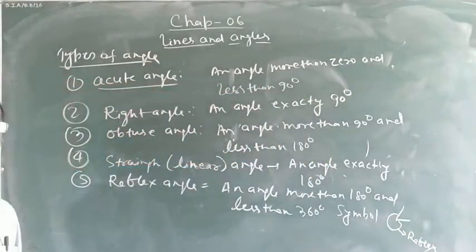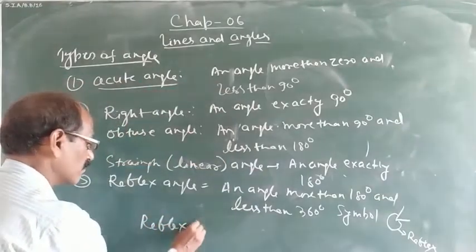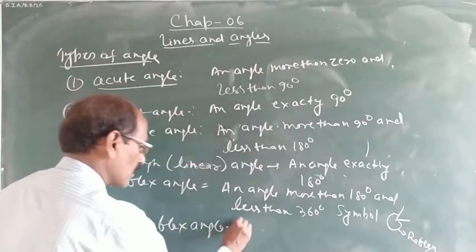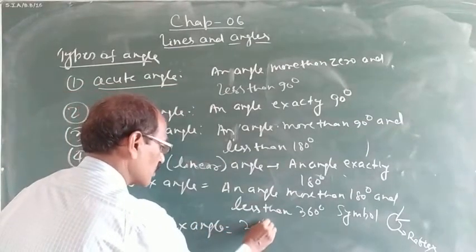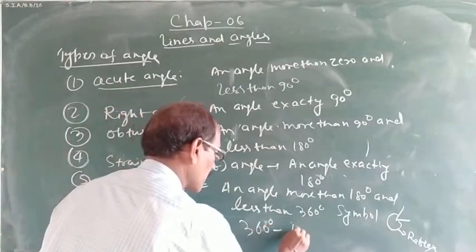How can we find the reflex angle? Reflex angle is equal to 360 degrees minus the interior angle.